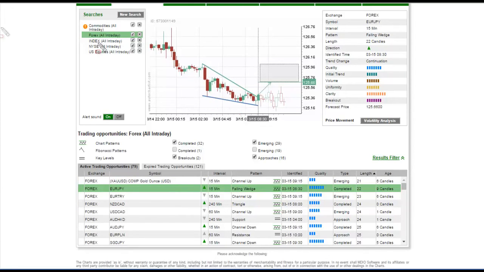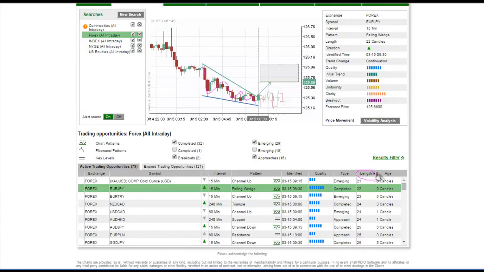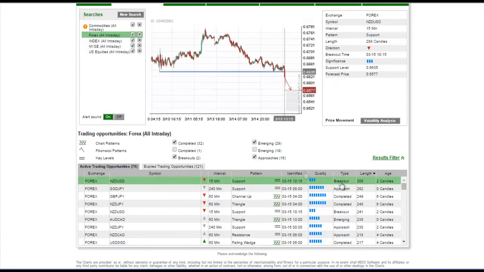But to me it means there's been less time to create them, so their sustainability tends to go down if you're not extra careful. Whether you take a short pattern or a long one, you still need to formulate your story on the chart and develop a trade plan. But a good place to start is really some of these longer patterns.